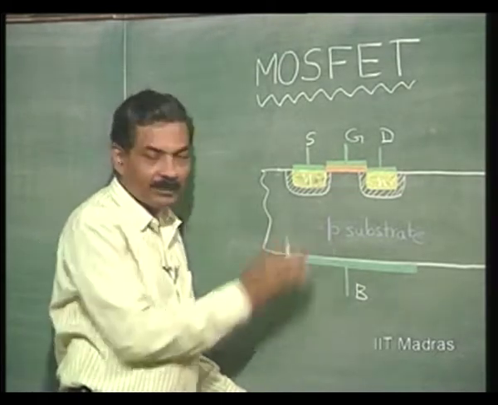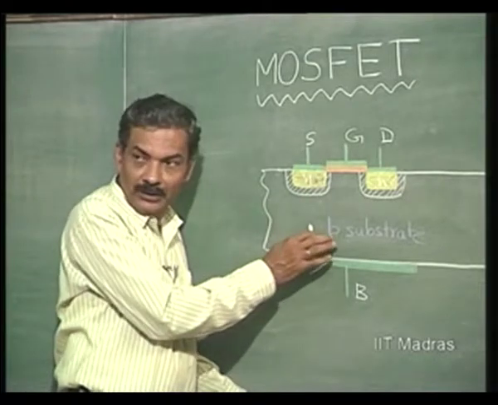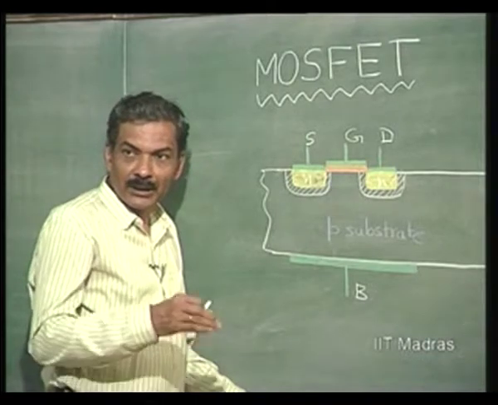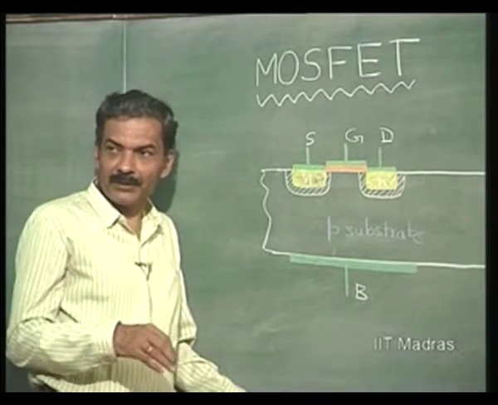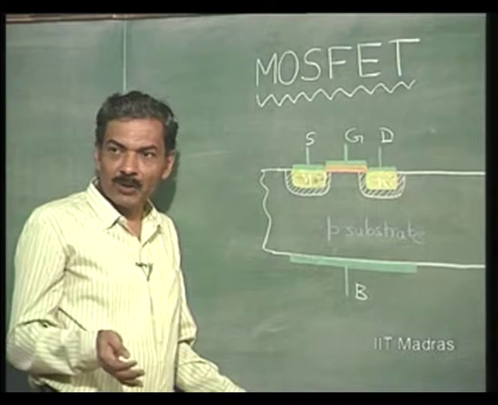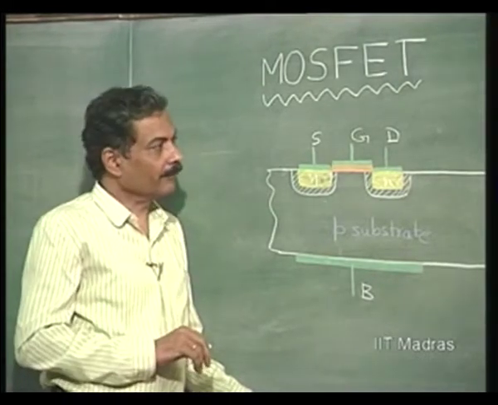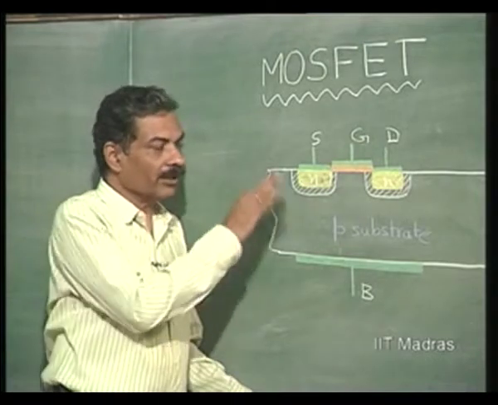So, in this case of a MOSFET, also the substrate, if it is p substrate, it should be connected to the most negative potential. If it is n substrate you are starting with, it has to be connected to the most positive potential in the circuit in an IC. So, this is the basis of any design.